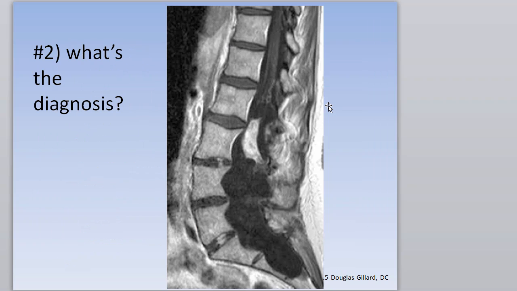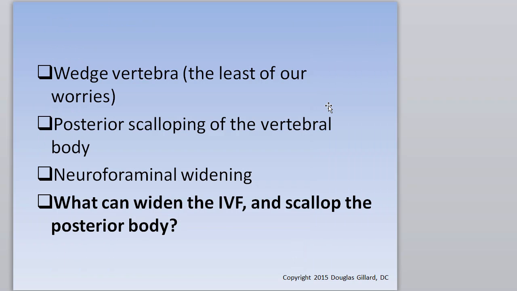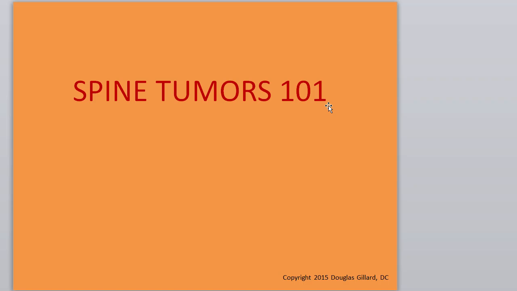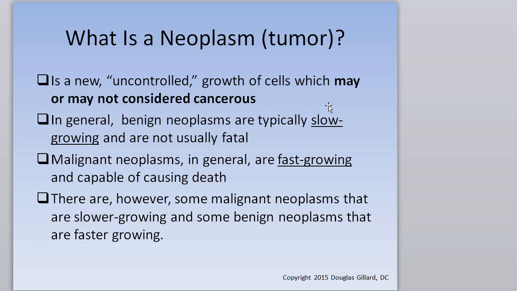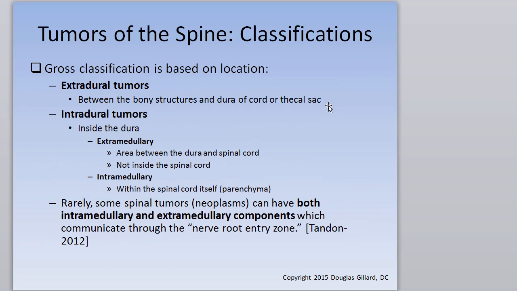Okay, we already went over all this stuff. Talked about scalping. You don't actually have this. I've already modified this for next quarter, but you can see it here. We talk about neoplasms. This won't be on your test though. You should know the gross classifications though.